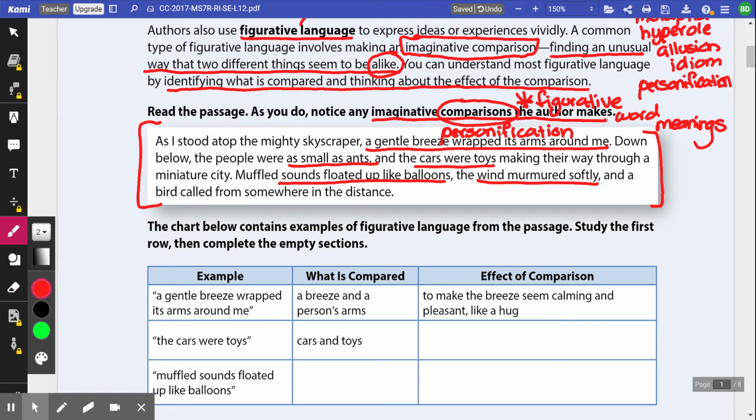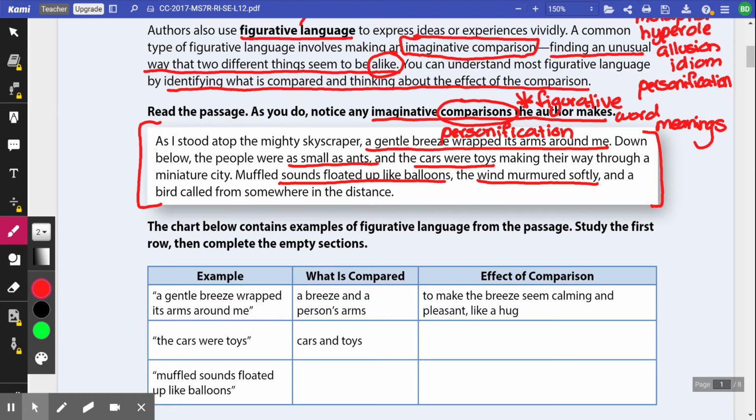Can it wrap those imaginary arms around a person? No. A breeze is not something that's alive, right? It doesn't have feelings or emotions. It doesn't have body parts like arms, so it can't actually wrap its arms around anything because it doesn't have those. That's how we know this is personification, because it's treating the wind like it were an alive human being when it's not.